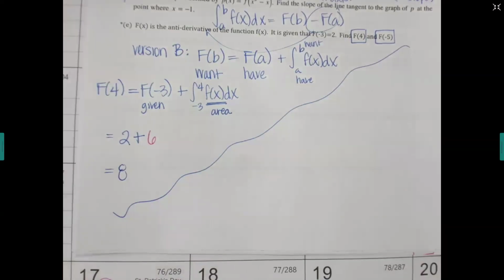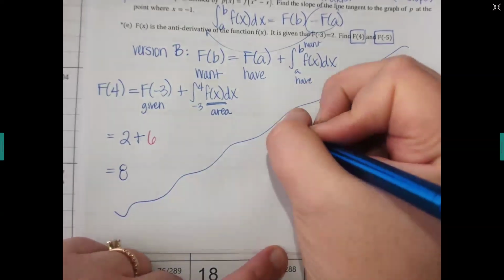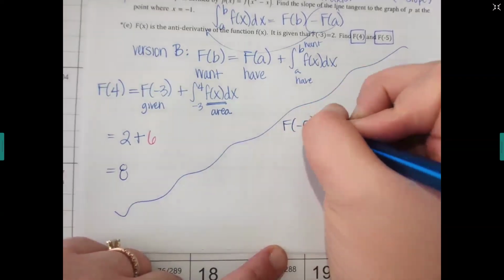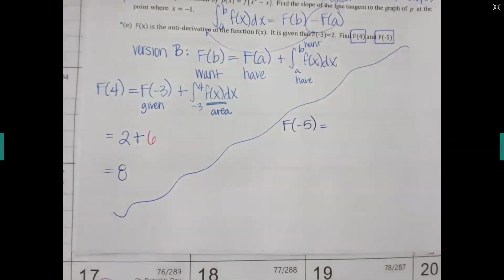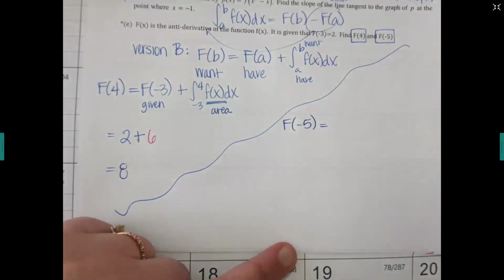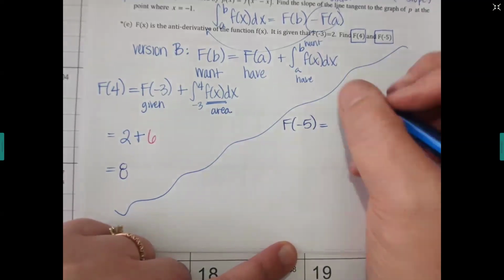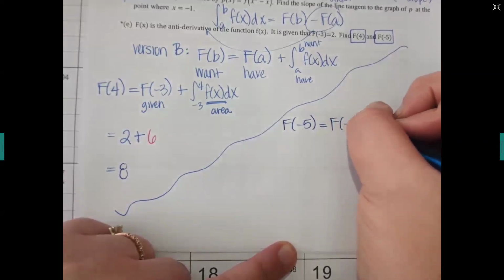Okay, so now set up your version B for F of -5. So capital F of -5 equals. Okay, capital F of -5 is what I want. What capital F do I already have? Capital F of -3.